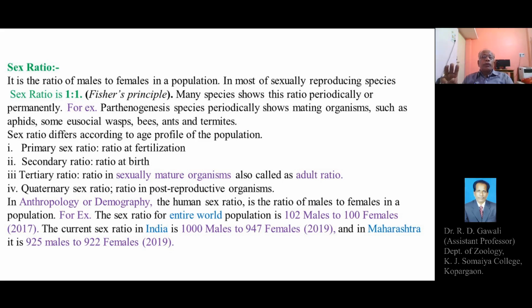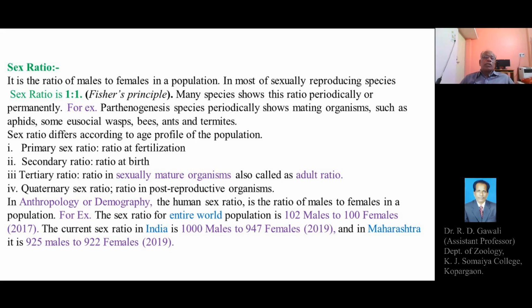Then the tertiary ratio, the ratio in sexually mature organisms, at maturity, called the adult ratio. Then the quaternary sex ratio, where we can determine the sex ratio even in post-reproductive organisms.